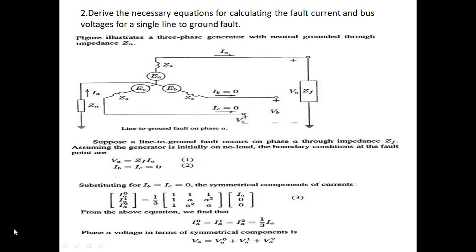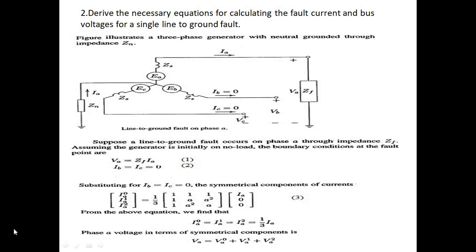Substituting IB and IC equal to 0 in the symmetrical components of currents, IA0, IA1, IA2 is equal to 1 by 3 times the matrix with rows 1 1 1, 1 a squared a, and 1 a a squared, times the current vector IA, 0, 0.